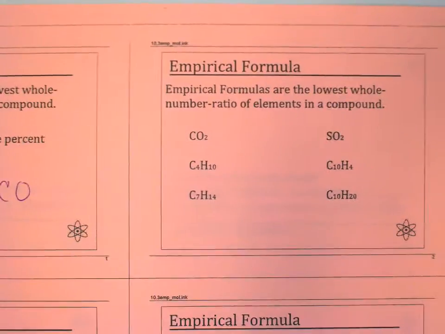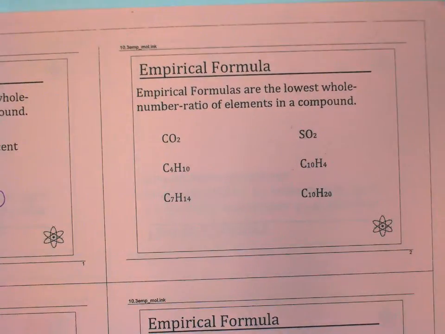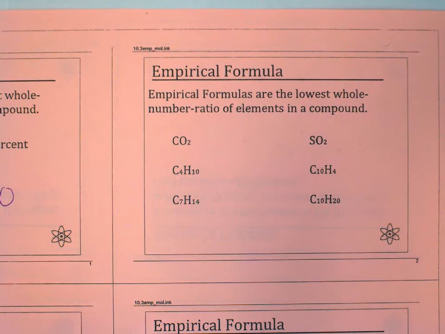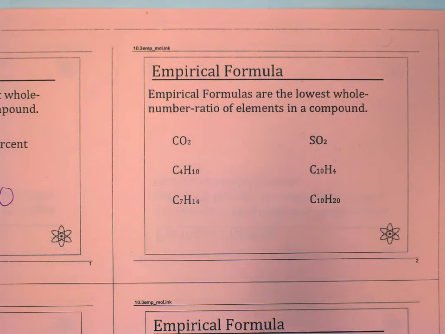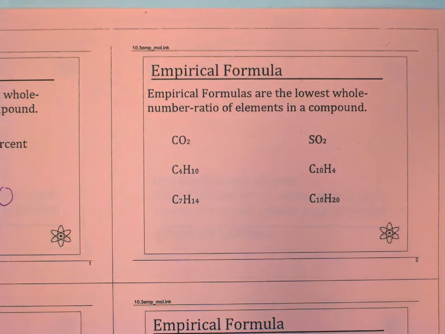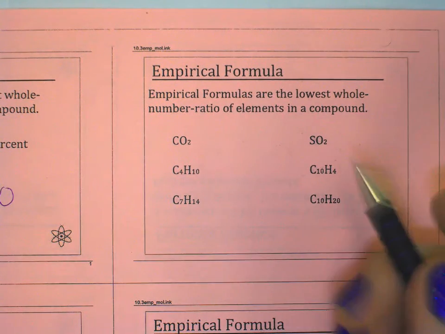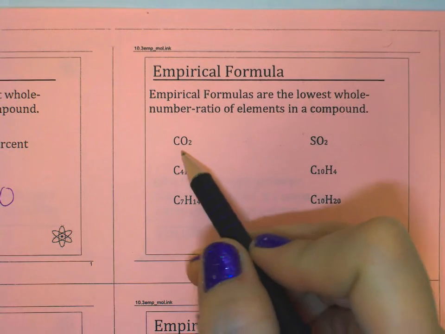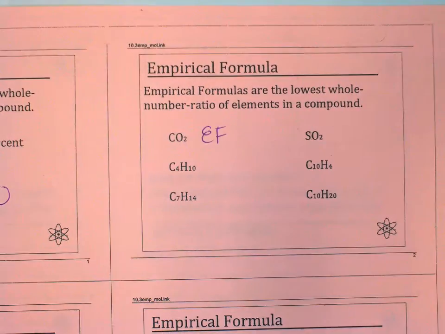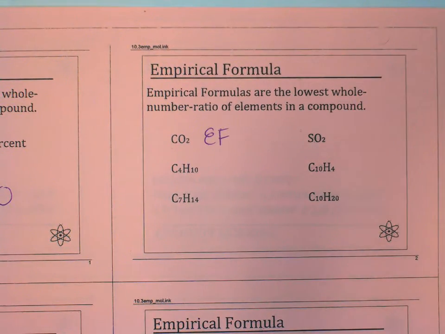Alrighty. So first, the empirical formulas are the lowest whole number ratio of elements in a compound. So when you look at a bunch of different compounds, you should be able to just see, can you reduce that compound down? If you cannot reduce it any further, then that is an empirical formula. So like this compound right here, carbon dioxide, is an empirical formula because I cannot reduce it anymore.